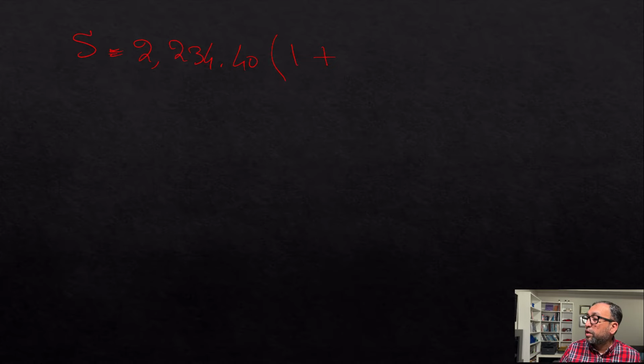The initial rate is 11% and then it is 13%, but we want to find out with 11%. We convert these days into years because 11% is per year. So we apply this formula and then we calculate it.